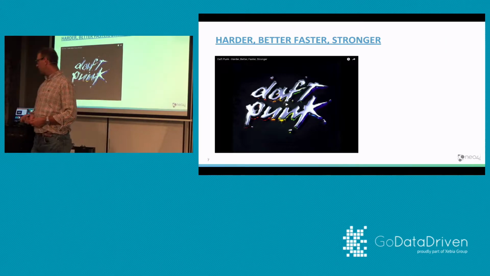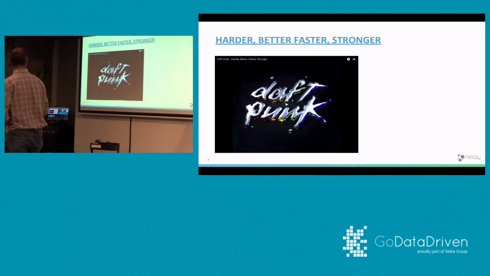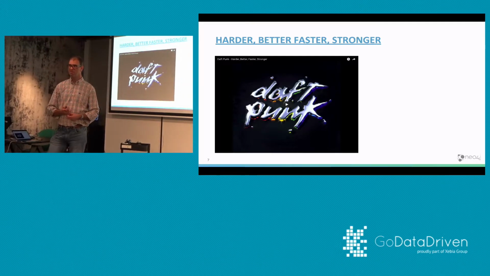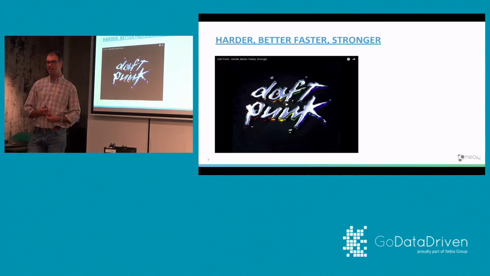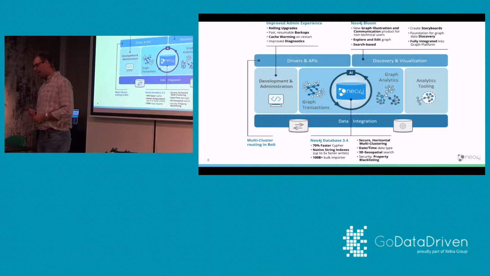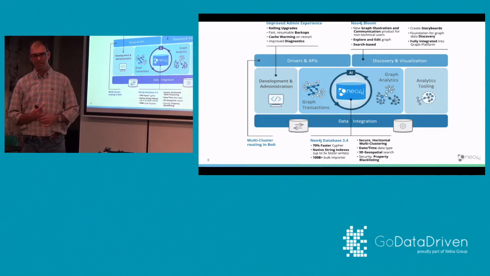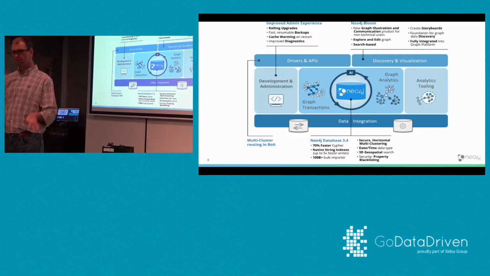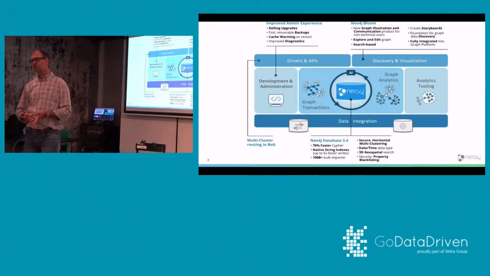And obviously it's harder, better, faster, stronger than every previous release. It is a very, very good release. But it's also a release we think is very important because what we're trying to do is build lots of things around it.